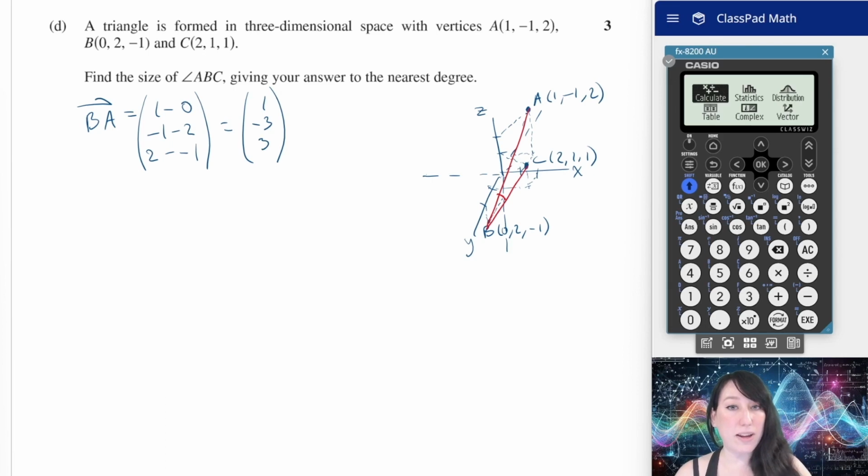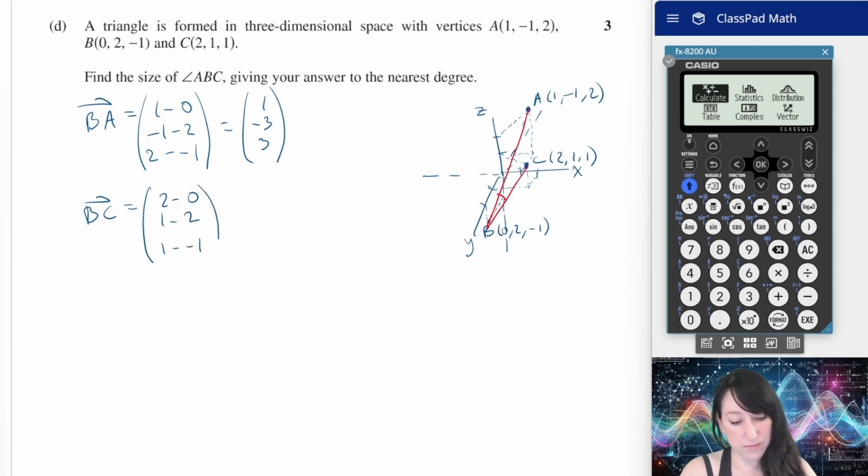So 1, -3, 3. How about from B to C? That'll be 2 minus 0, 1 minus 2, and 1 minus -1. So that's 2, -1, 2.